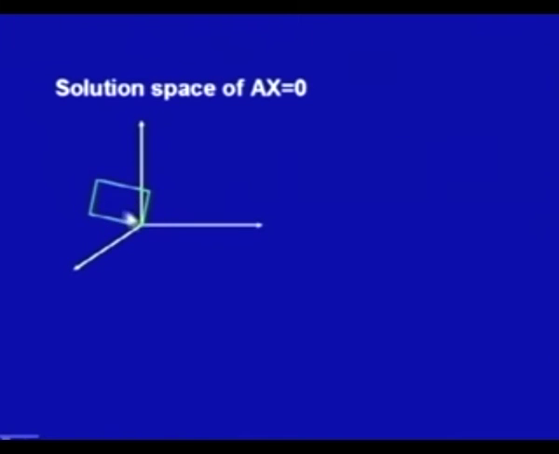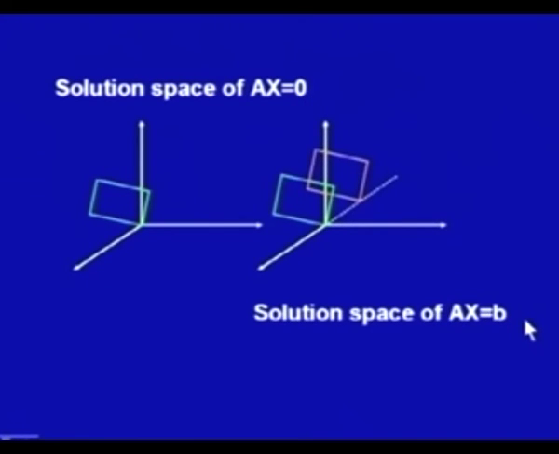This plane means all the solutions of Ax is equal to 0, but if I consider Ax is equal to b, then this plane will be parallel to this plane, and all the solutions here are shifted by this distance, and they will form the solution of Ax equal to b. That is the relevance of xp plus xh. So, these two planes are parallel planes. This is the geometrical interpretation of xp and xh.